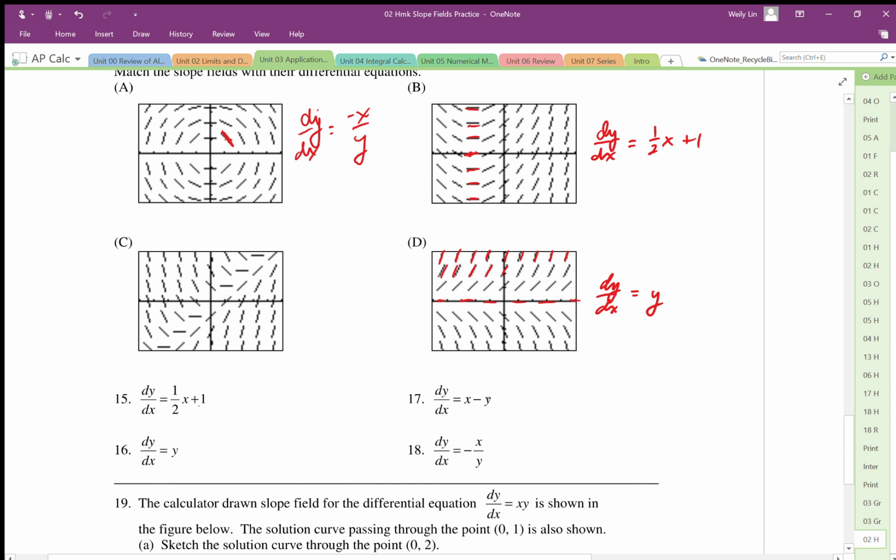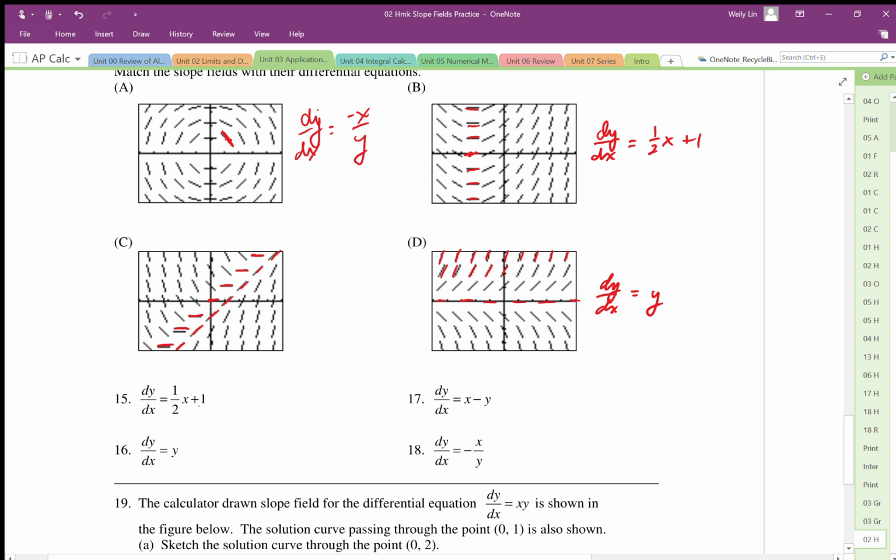x minus y. Okay, so x minus y. That means when x and y are equal, we should have 0 slope. And in fact, x and y are equal along this line, and we have 0 slopes along that line. When x is 1 bigger than y, so 1, 0, 2, 1, 3, 2, etc., along this line, all the slopes are going to be equal to 1.